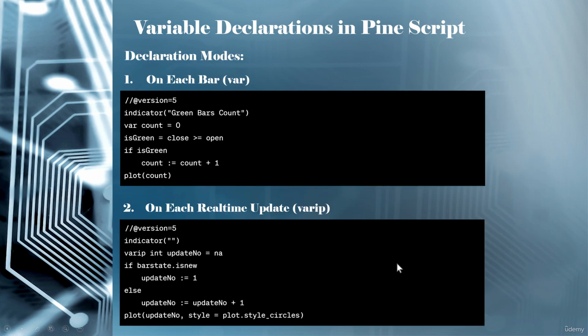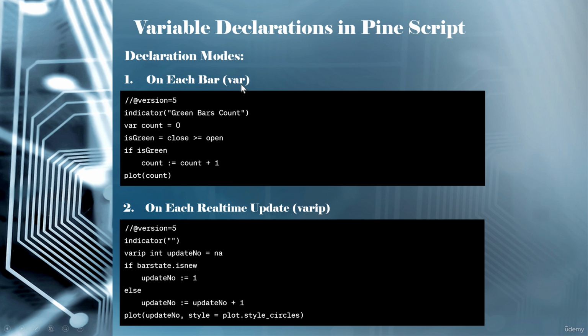Next, let's review declaration modes in Pine Script. Understanding declaration modes and how to use var and varip keywords is vital for managing variables' behavior across bars. Let's review the on each bar, var type of declaration mode.